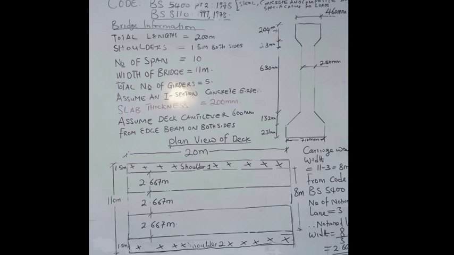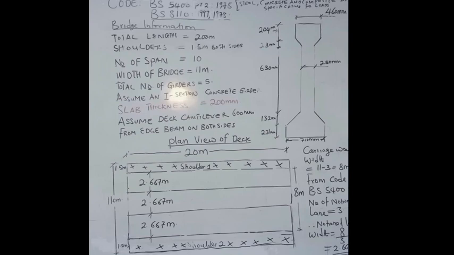If we're having 20-meter spans, let's assume they are simply supported spans, 20 meters. We're having 10 of them simply supported. So let's take a look at the plan of the bridge.